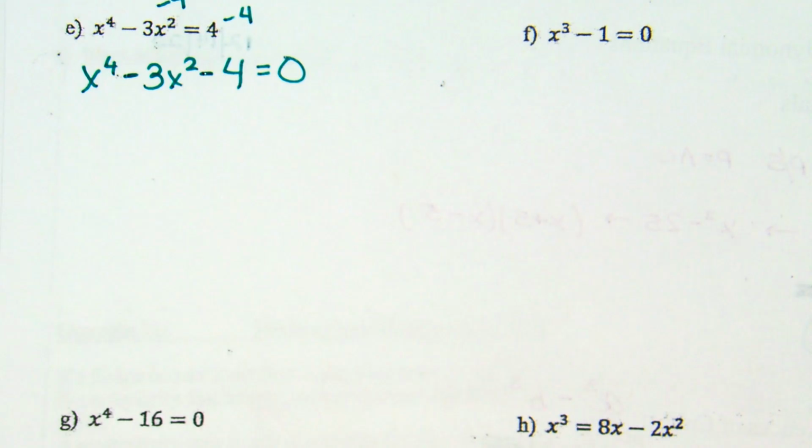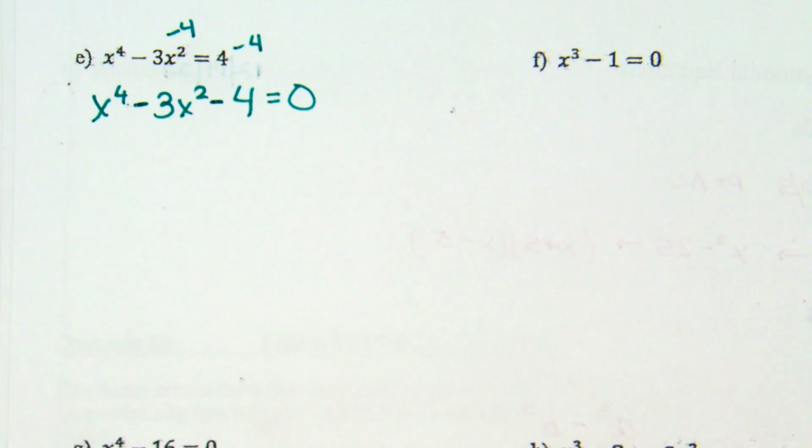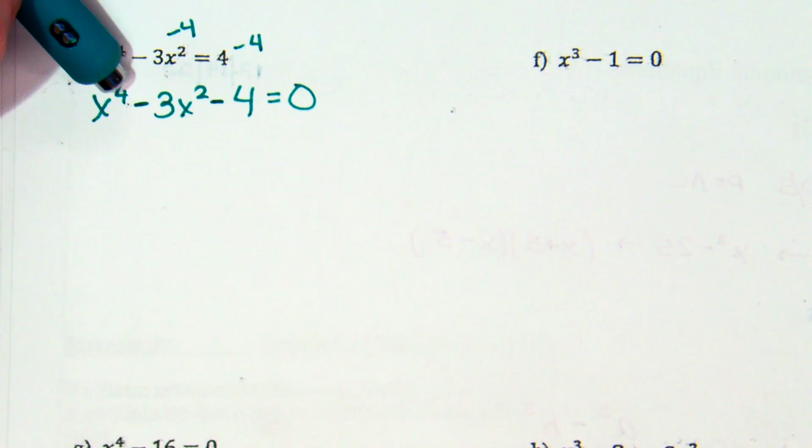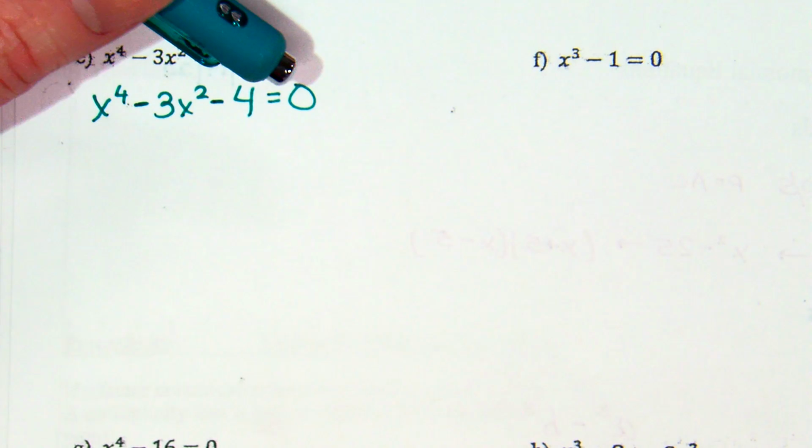Now, does that look familiar to anything else we've done? Okay, looks like literally every other thing we've done, except what's slightly different. Normally when we do this type of problem, it's x squared minus 3x minus 4. Now those exponents are doubled, aren't they? X to the 4th minus 3x squared minus 4.